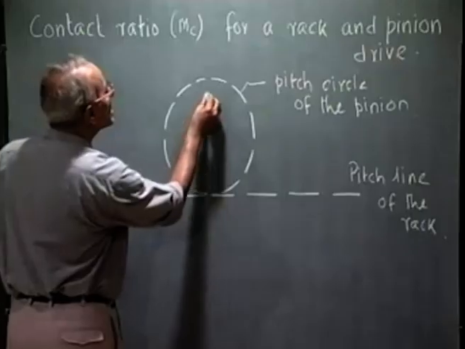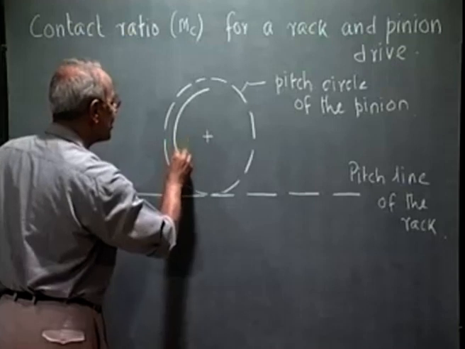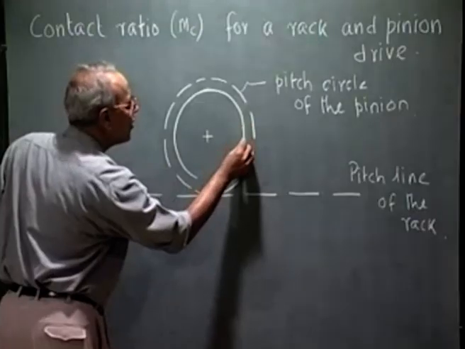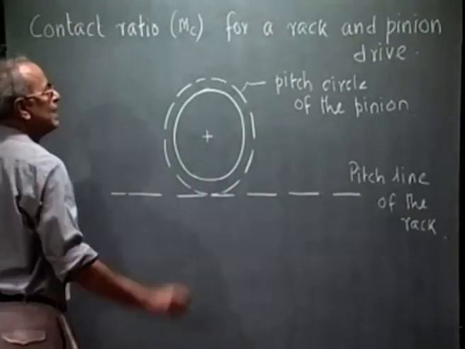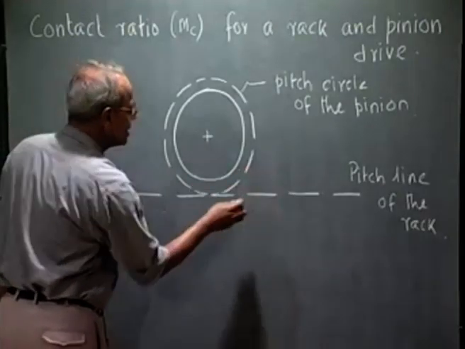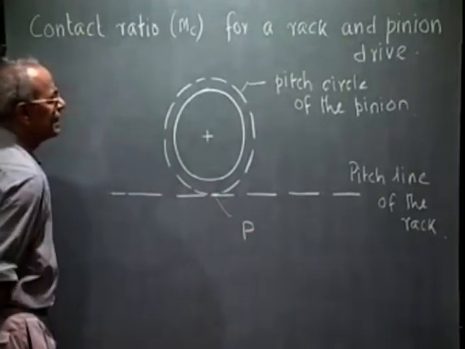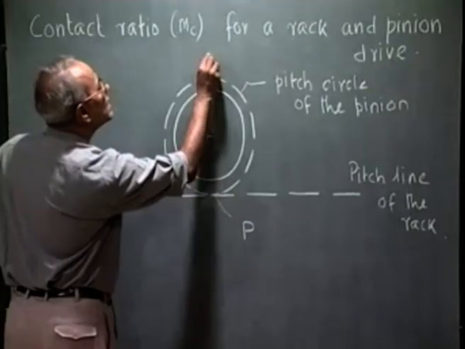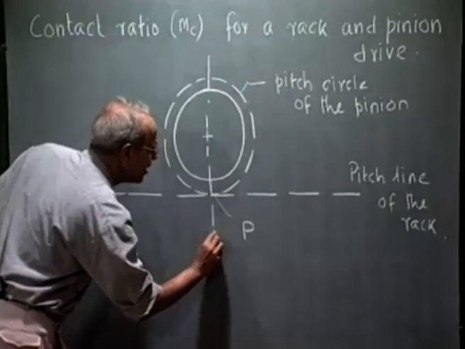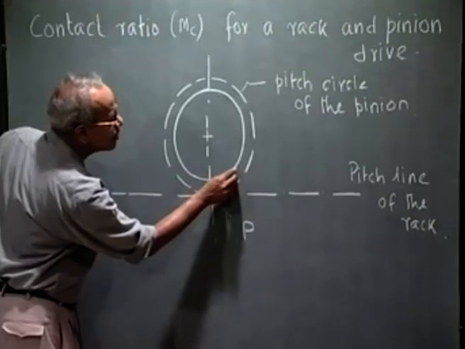If we draw the base circle of the pinion, this is the base circle. This point of contact between the pitch circle and the pitch line is the pitch point, which we denoted by P. From this pitch point, let me draw a tangent to the base circle.